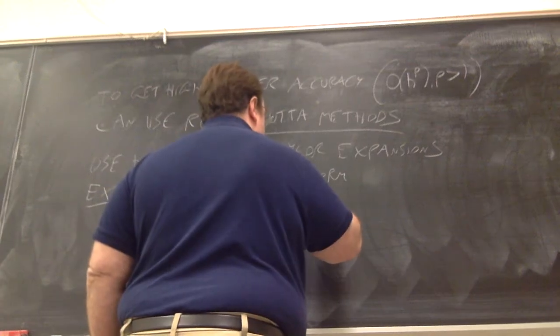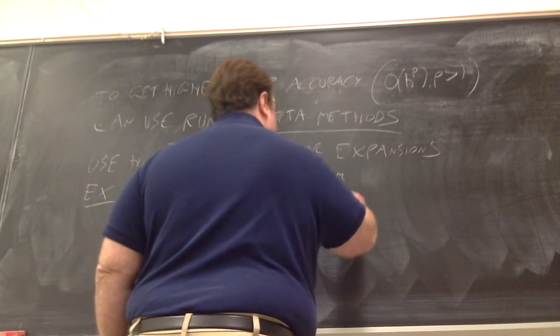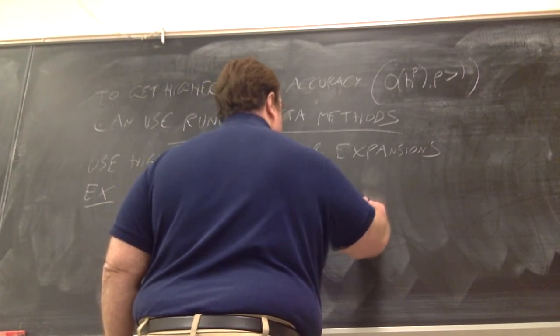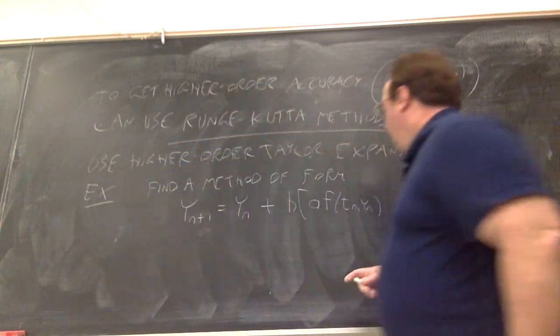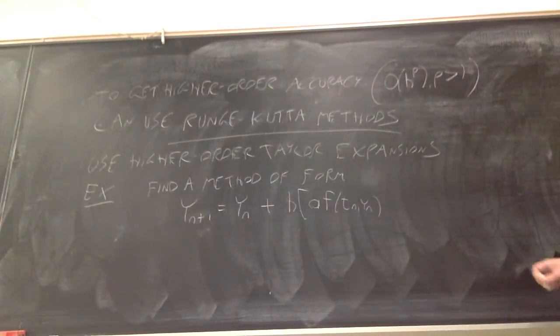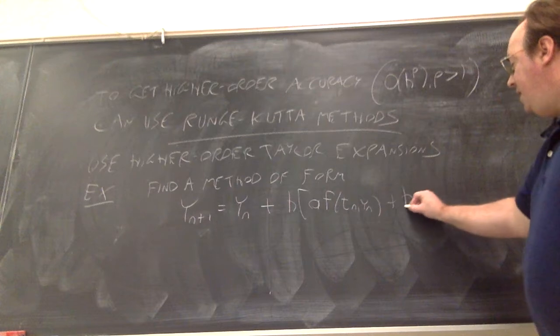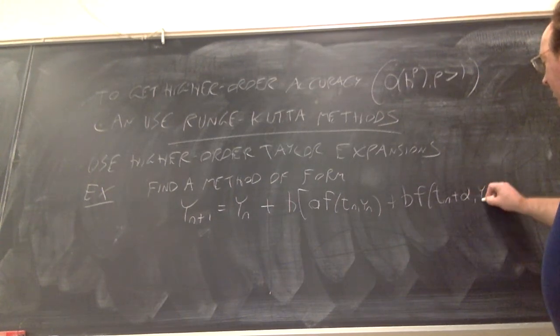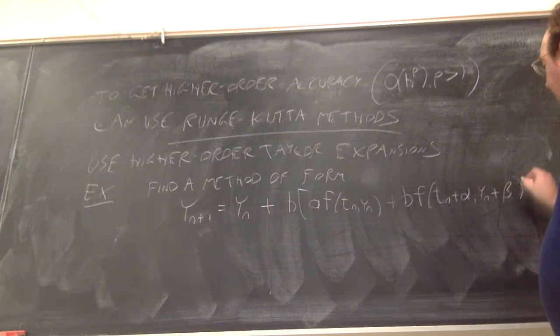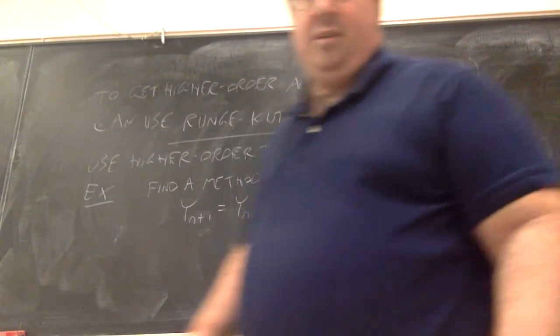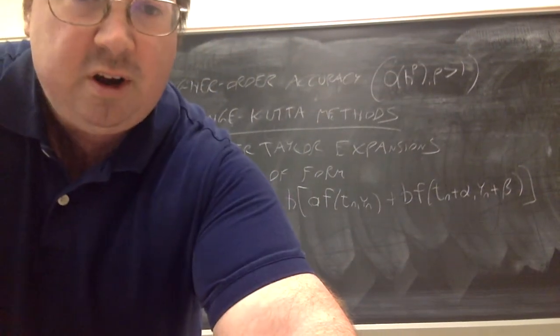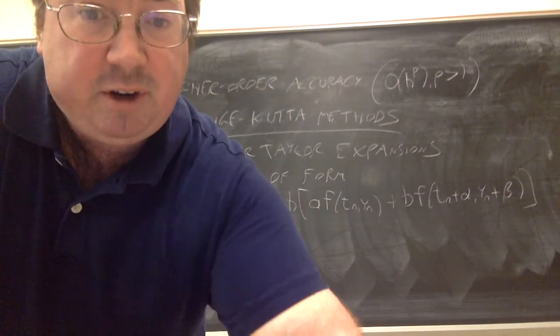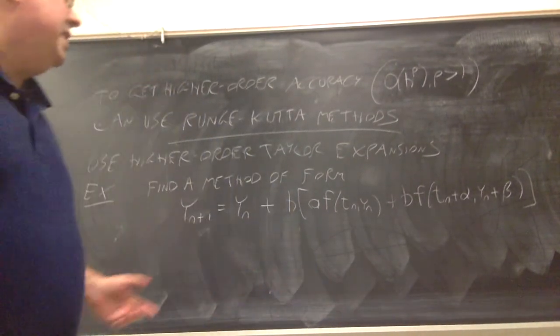So I'm going to have a f(t_n, y_n), where a is unknown, plus b f(t_n + alpha, y_n + beta). Okay, so I have 4 unknown parameters, a, b, alpha, and beta.